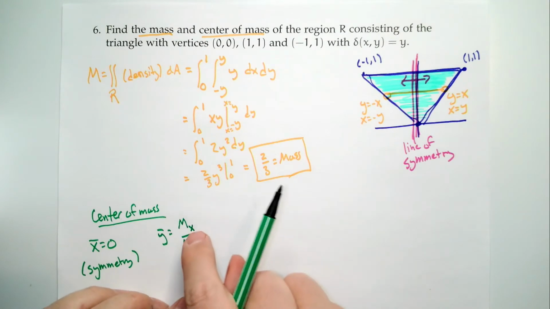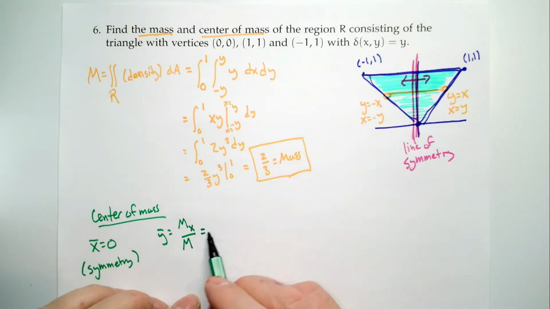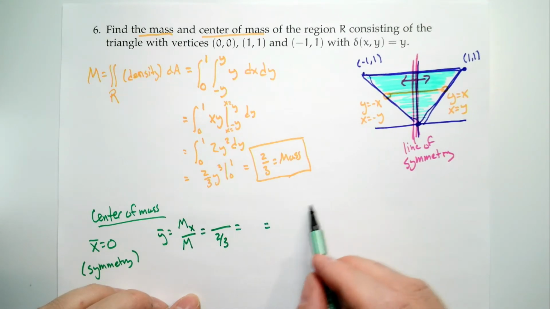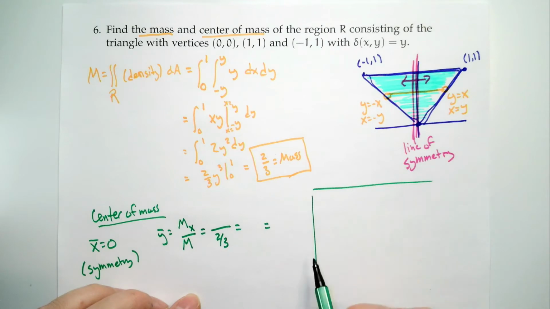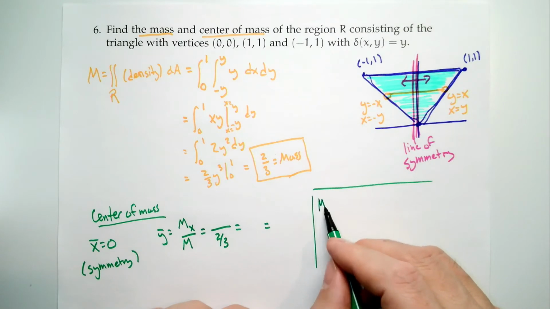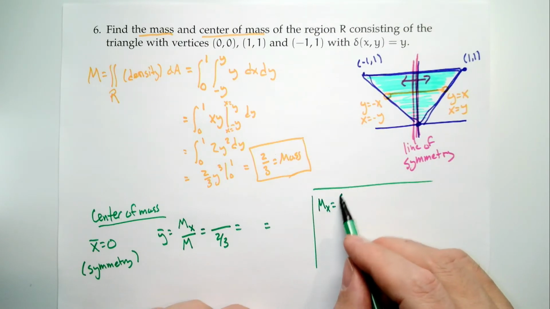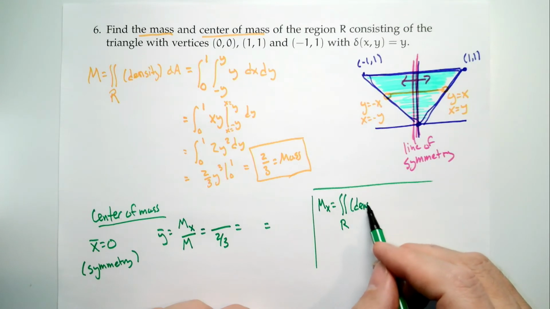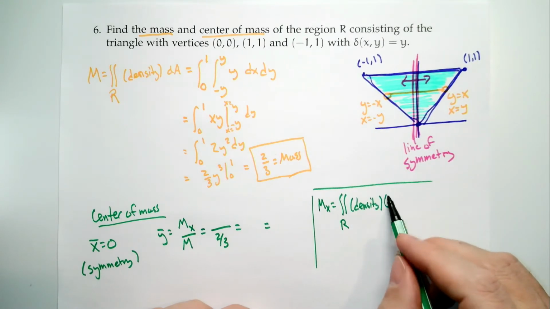So we've got to find that particular moment. So it's something divided by 2/3. Hopefully that's enough for us to figure out what goes there. So that moment with respect to the x-axis, the way we do moments is a very similar process. You have a density, but you also have a location.